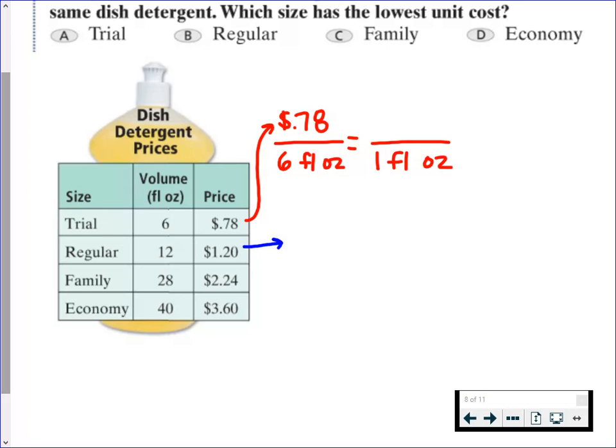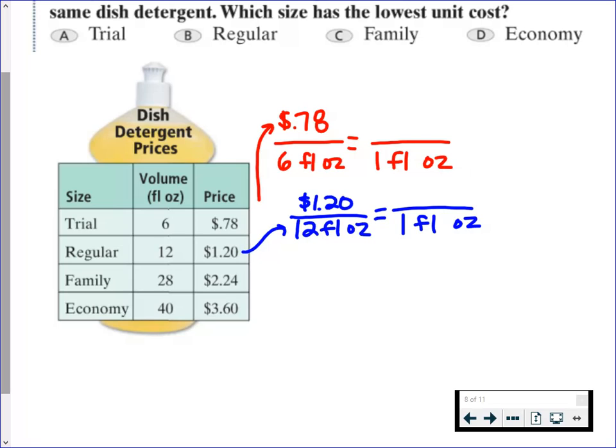If I'm paying $1.20 for 12 fluid ounces, how much for 1 fluid ounce? And so on. You will have 4 answers by the time you are done. How much is each one per ounce?